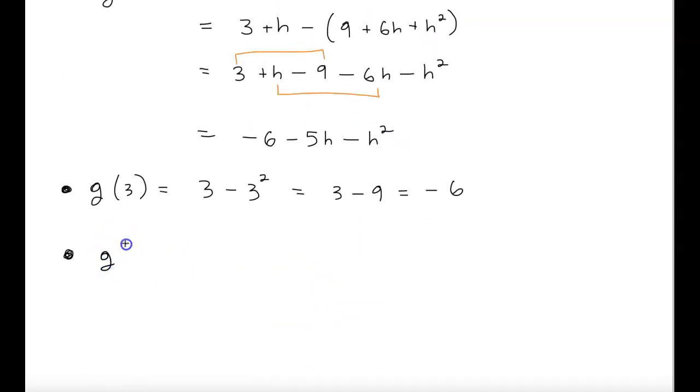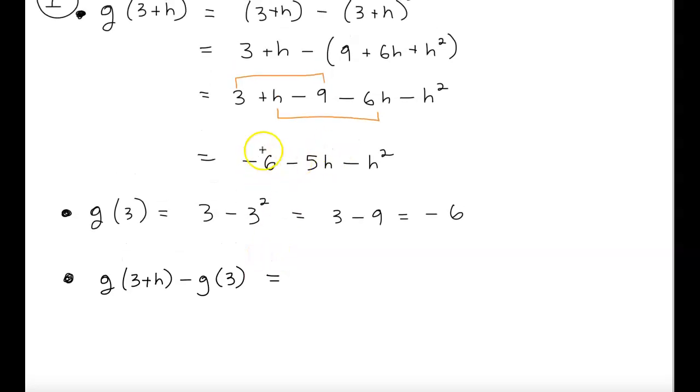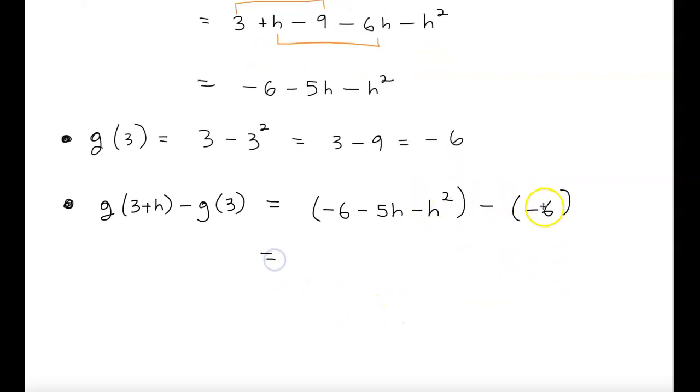So g of 3 plus h minus g of 3, right? That's equal to, well, this g of 3 plus h that we have, it's negative 6 minus 5h minus h squared, minus g of 3, which is a negative 6. So remember, when you subtract a negative, that's really adding the opposite, so you're adding 6.